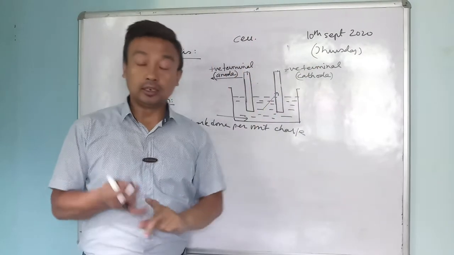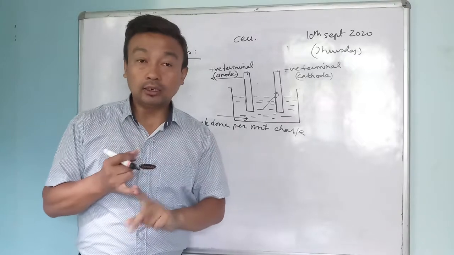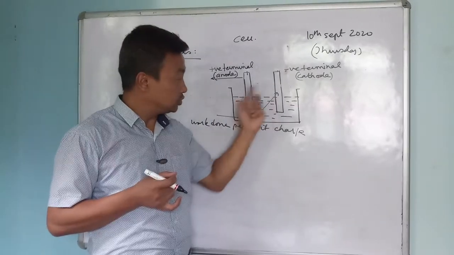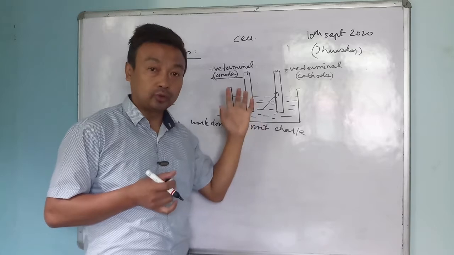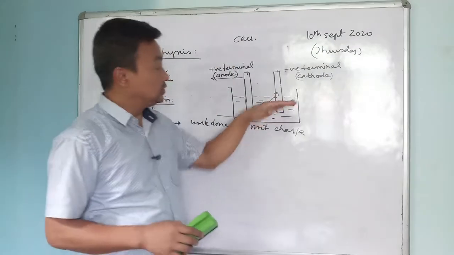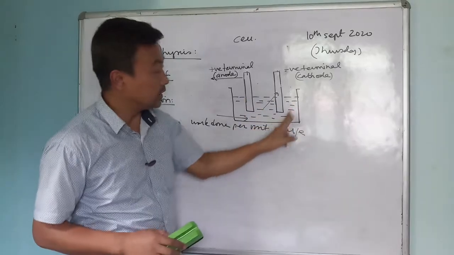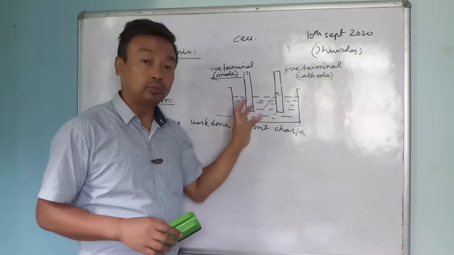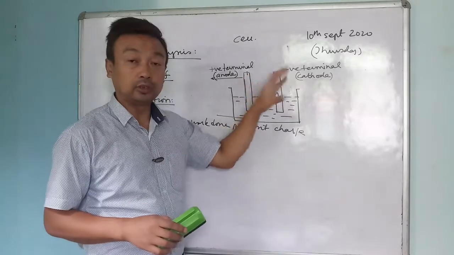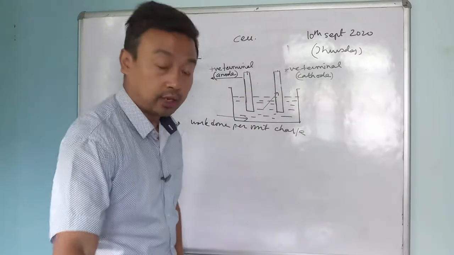That means it is outside the cell as well as inside the electrolyte of the cell, because this is the electrolyte, the liquid. The inside of the cell can be taken as the liquid in the form of the electrolyte, and the outside can be taken as the terminals in the form of the electrodes.